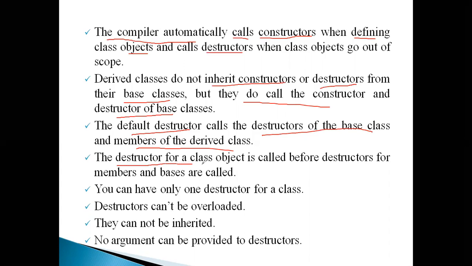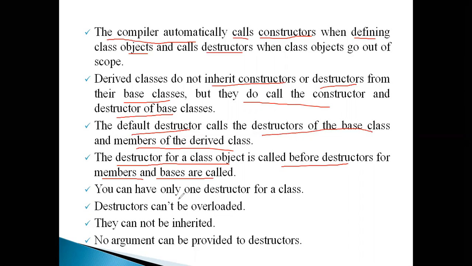The destructor for a class object is called before the destructors for the members and bases are called. When we discuss inheritance we will go through all these things. First the destructors of the derived class will be called, and after that the destructors of the base class will be called.